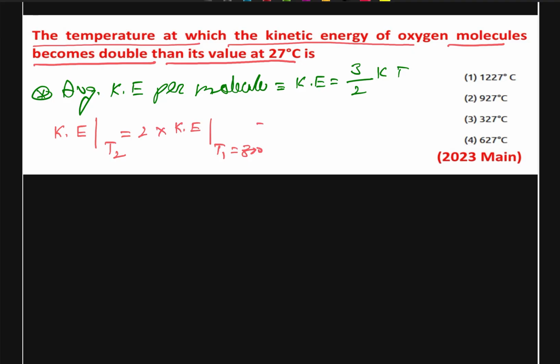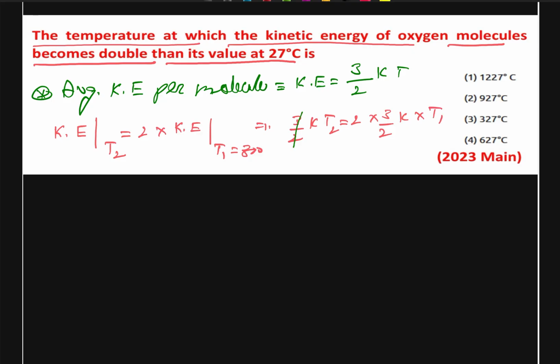So we can formulate this as 3 by 2 k T2 is equal to twice multiplied by 3 by 2 k multiplied by T1.